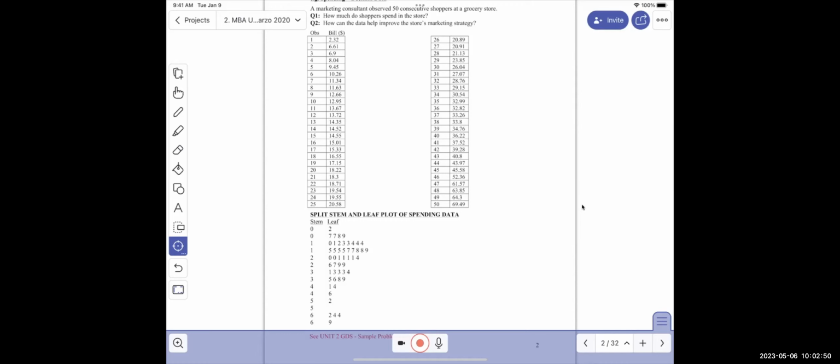Exactly. For people who are staring at this, I created classes. These are called classes. I sorted the data, put it in order, and then I grouped them together. All these numbers are represented by being in this class.